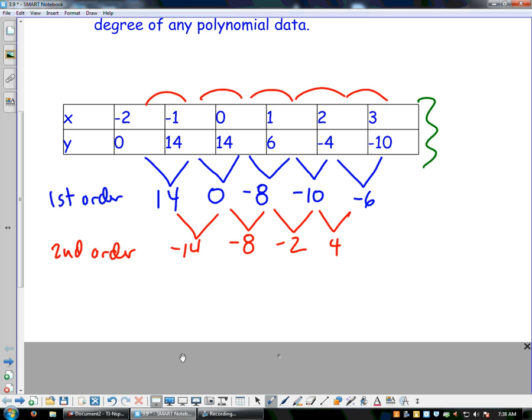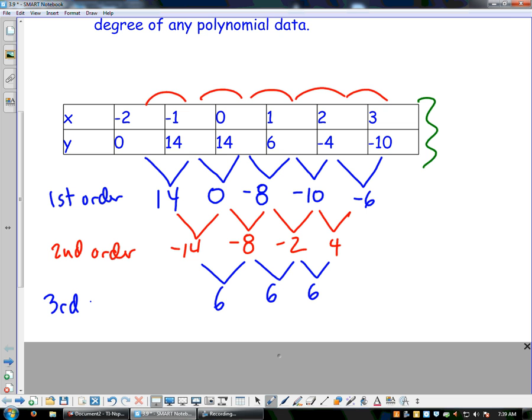Let's try third order differences. If we take 4 minus a negative 2, that's going to be 6. Negative 2 minus a negative 8 is negative 2 plus 8, which is 6. And negative 8 minus 14 is negative 8 plus 14, which is also 6.